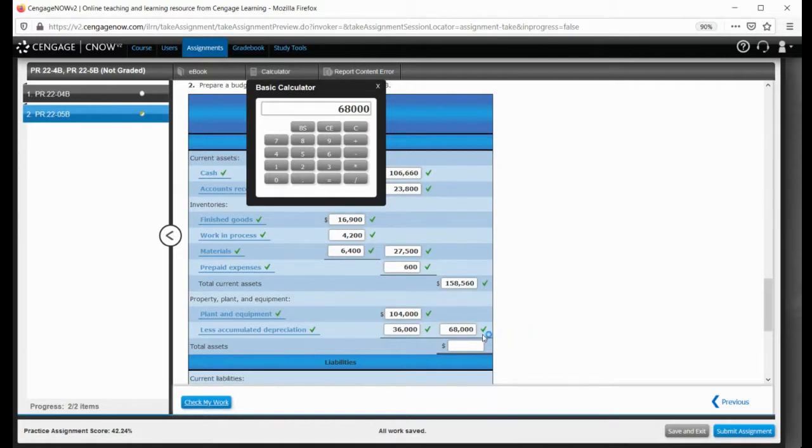And so once we have the total of our property, plant, and equipment, we're going to add that to the total current assets, and that will give us the total assets.